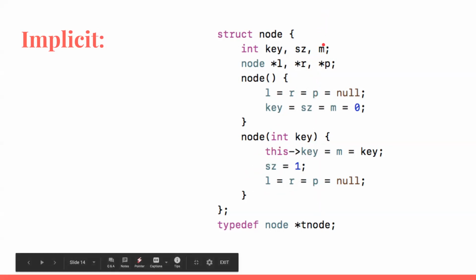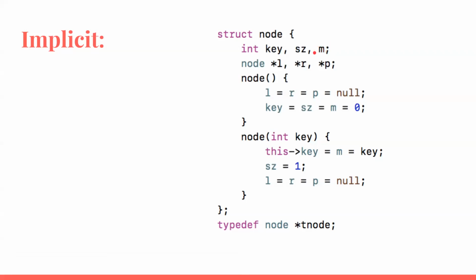In M, we are going to store the minimum among keys in some subtree. So when we just create a new node based on the key, we are going to have only one element.